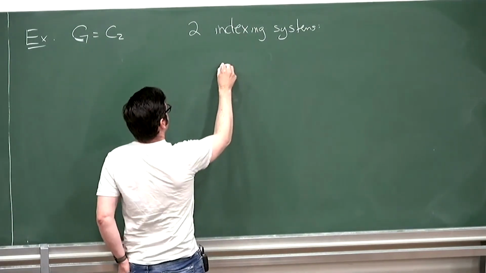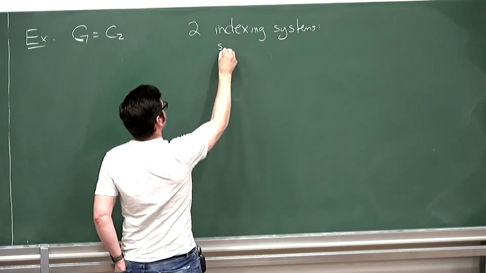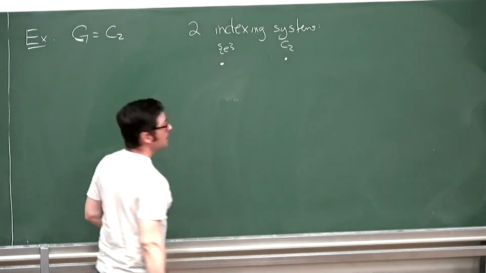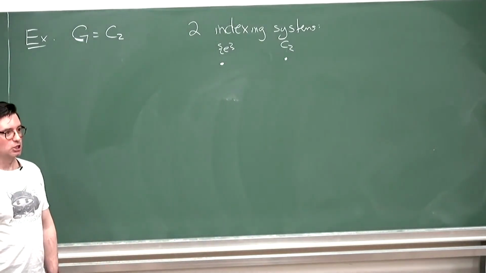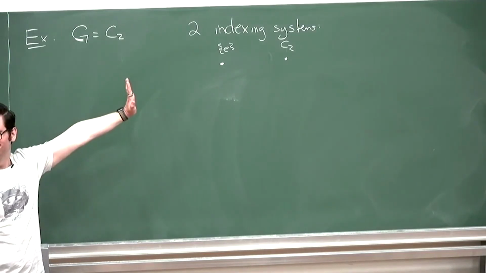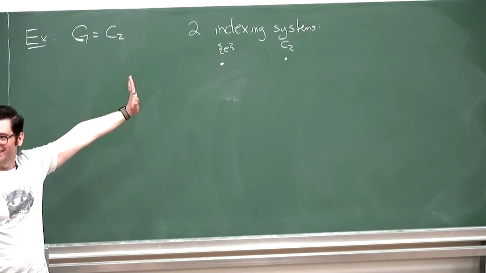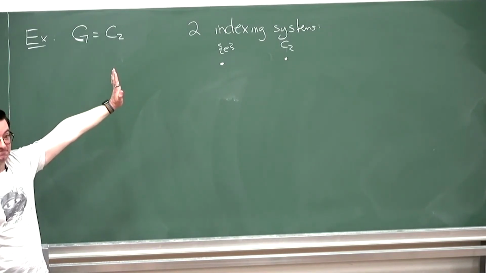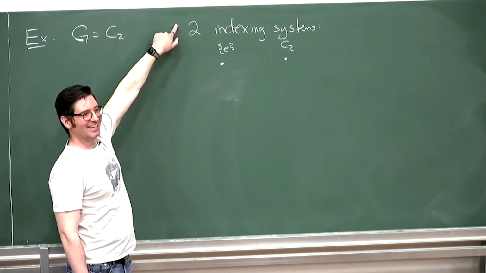I'll draw my picture. This is the subgroup lattice of C2. The trivial group sits inside C2. There's only one option that I can do. There's a choice: do I have the arrow or not? Those are the 2 indexing systems.